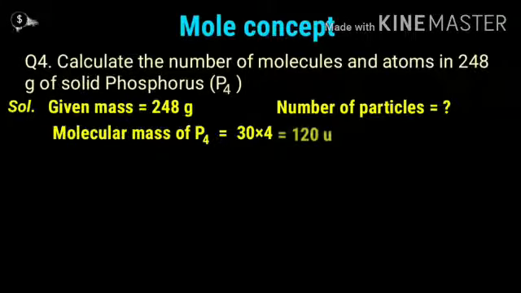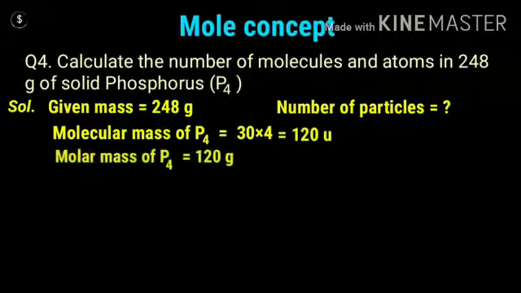So what is the relation between the number of particles and mass? It will be calculated by the same formula we used in the previous question: N upon N0 equals m upon M. That is, the number of particles upon Avogadro number equals given mass upon molar mass. Here you have to calculate capital N, so the number of particles equals m upon M multiplied by N0, that is Avogadro number.